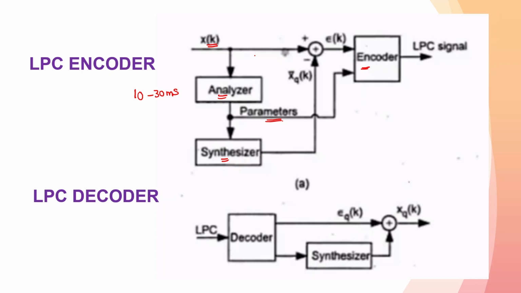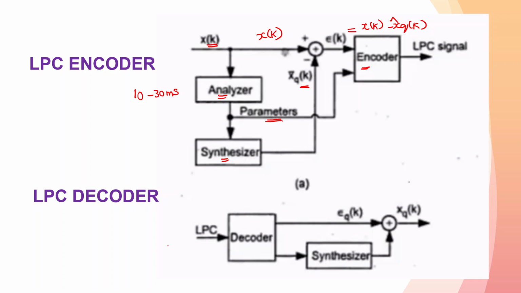The error between the actual speech input, that is x of k, and the locally synthesized speech x q of k cap is fed to the encoder for onward transmission to the receiver. So here e of k can be written as x of k minus x q of k, the whole cap.